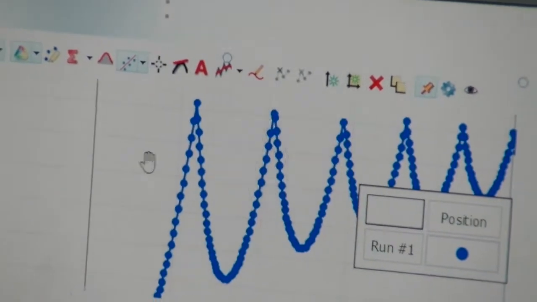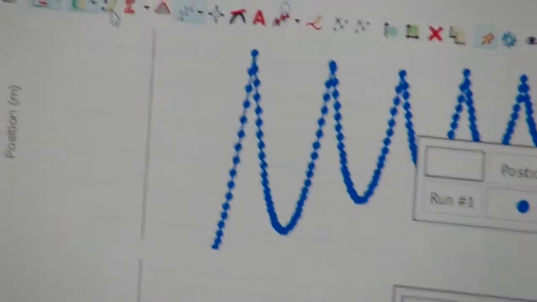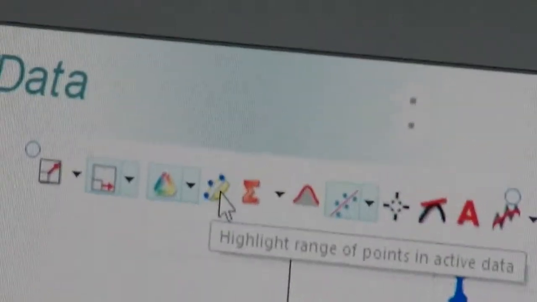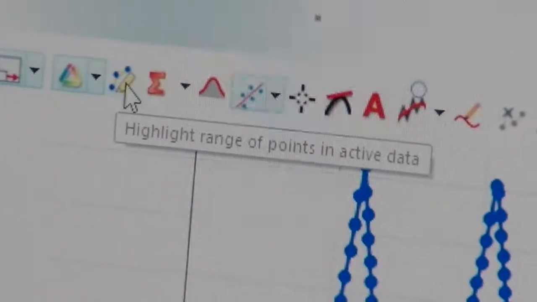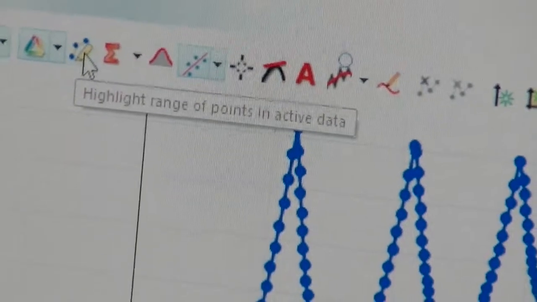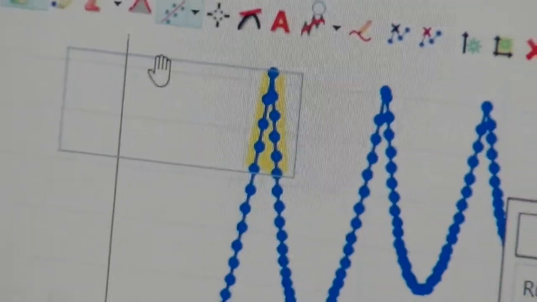To select that, we need to click on this button here, the fourth button from the left. If you put your mouse on it, it will say highlight the range of points in active data. Just click on it, and a box will appear on the screen.